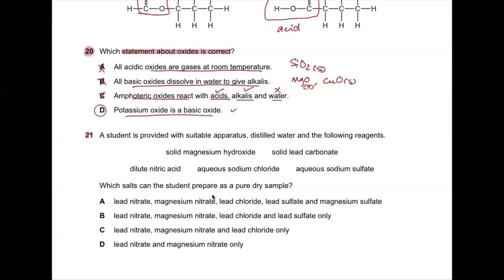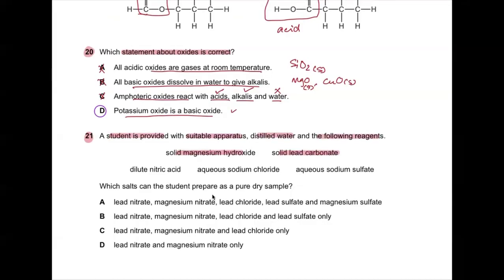Now, MCQ number 21. A student is provided with suitable apparatus, distilled water, and the following reagents: solid magnesium hydroxide, solid lead carbonate, dilute nitric acid, aqueous sodium chloride, aqueous sodium sulfate. Which salt can a student prepare as a pure dry sample?